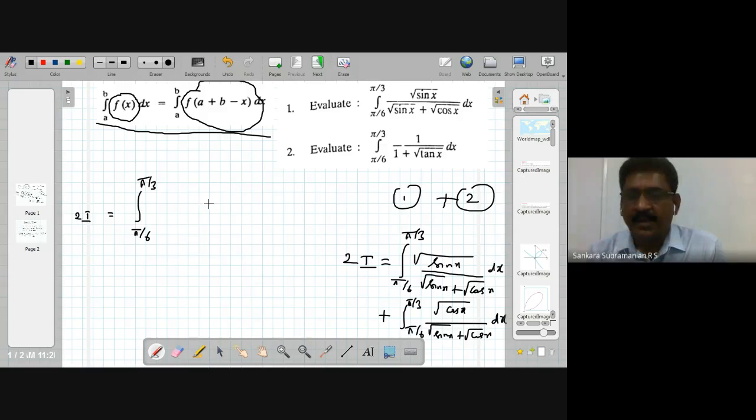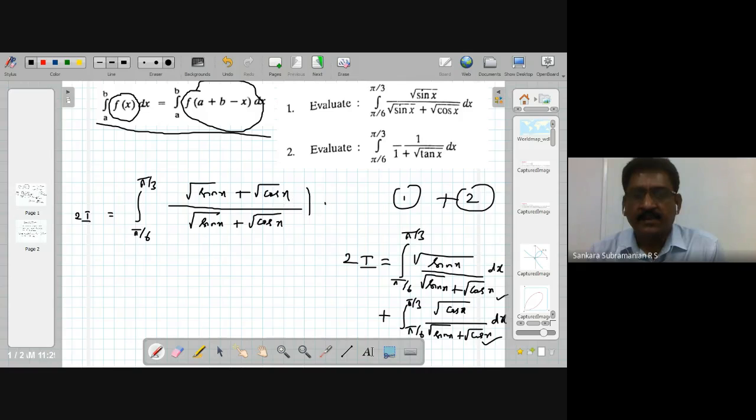If you add, the denominator is common, so I can take square root of sin x plus square root of cos x in the denominator, and in the numerator you have square root of sin x plus square root of cos x into dx. So that gets cancelled, and this becomes the integral from pi by 6 to pi by 3 of dx.